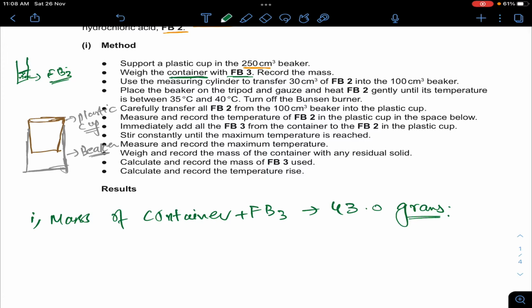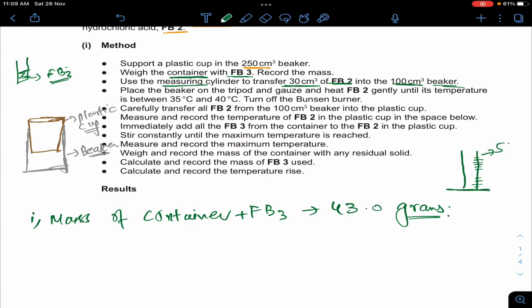Then the next part is: use the measuring cylinder to transfer 30 cm3 of FB2 into the 100 cm3 beaker. Now what next you would do, you would take a measuring cylinder. Let's suppose it is a 50 cm cube measuring cylinder.